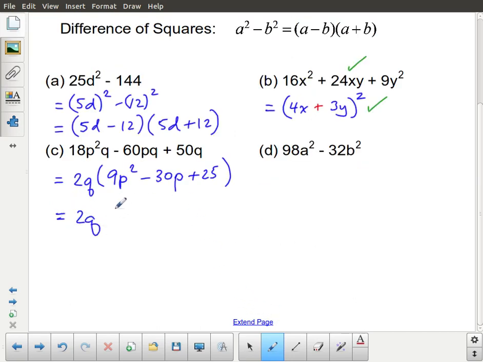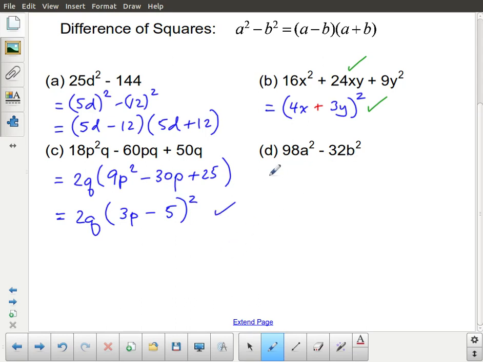I keep that 2q in front. 9p squared, that's the same as 3p all squared. 25 is the same as 5 all squared, and then I've got a minus sign from this middle term, and then I do that last check, which is 3p times 5 is negative 15p, and then double that is negative 30p, and so I'm quite confident that that is correct.